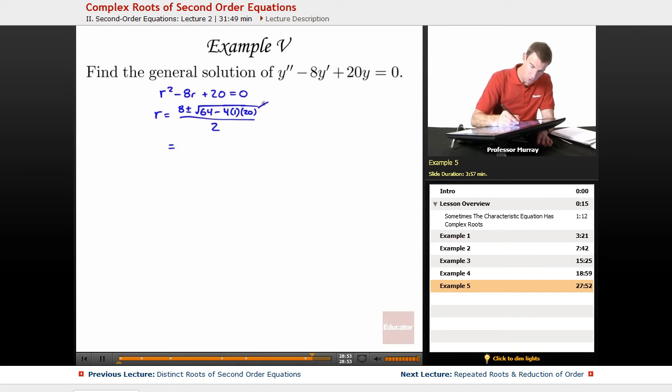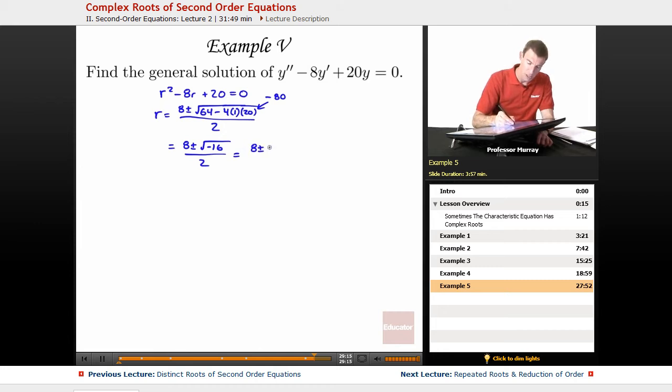Now 4 times 20 is 80, so we get 64 minus 80 there. 8 plus or minus the square root of 64 minus 80, which is negative 16, so we get a negative 16 under the radical over 2. Now the square root of negative 16 is imaginary.